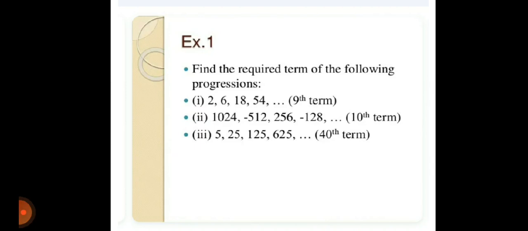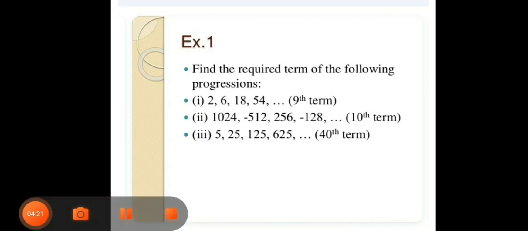And you have to find ninth term. And ninth term formula: A9 equals A into R raised to power 8. A is 2, R is 3. That means 2 into 3 raised to power 8. So after solving, you will get the answer.